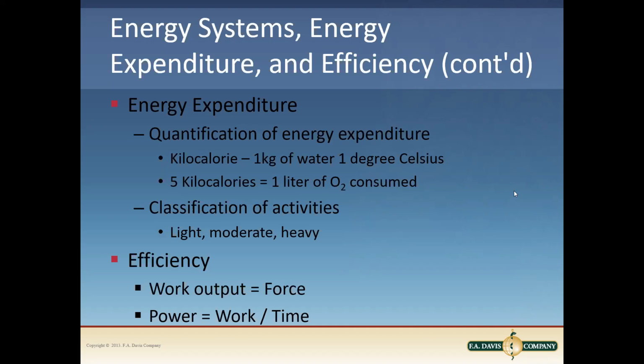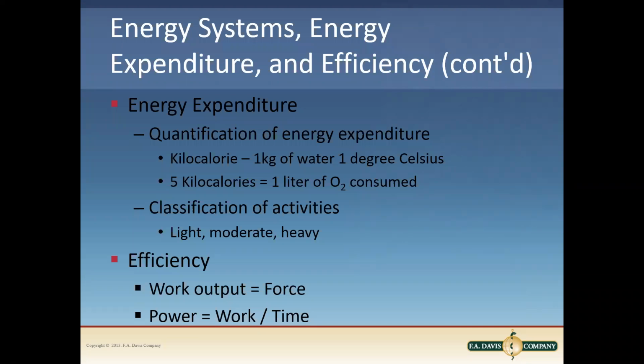So talking about energy expenditure, anytime that we do stuff, we're going to be burning energy, right? We talked about calories before. A calorie is what happens when we burn 1 gram of water and increase it by 1 degree Celsius. When we burn those kilocalories, 5 kilocalories equals 1 liter of oxygen consumed.